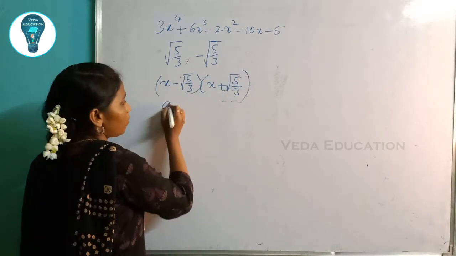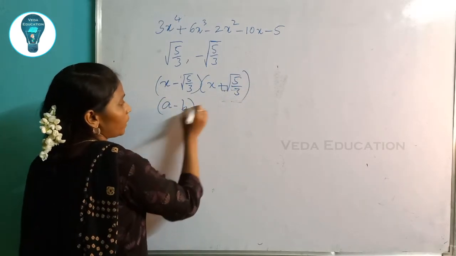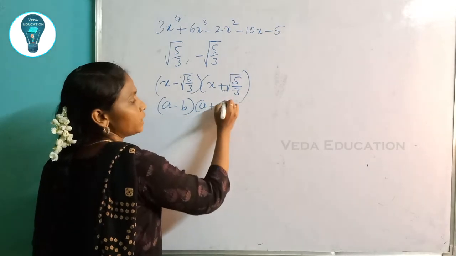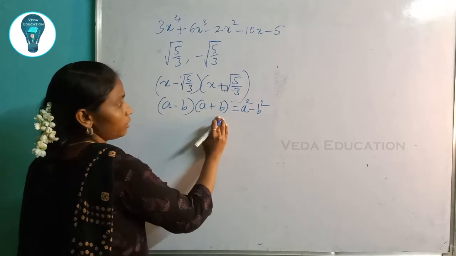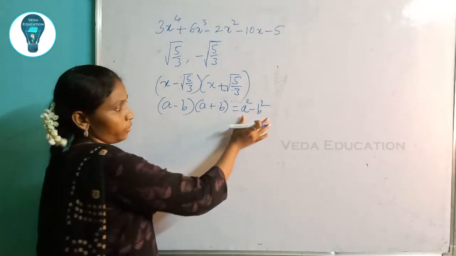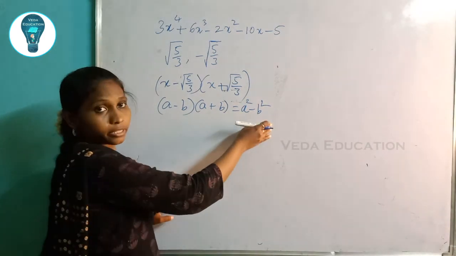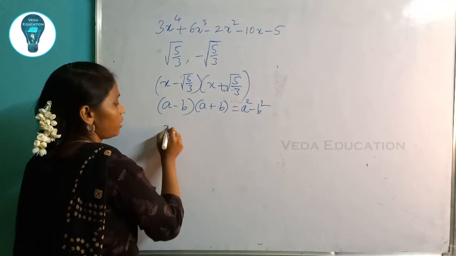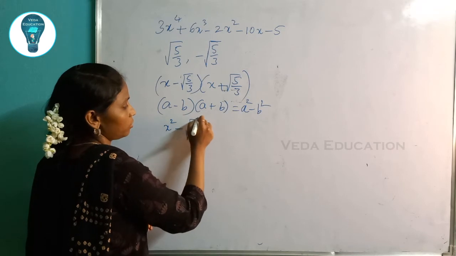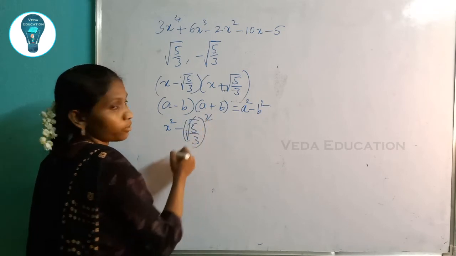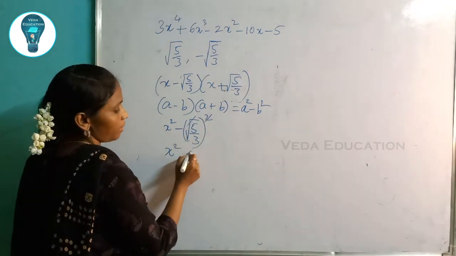Again it is in the form of the (a minus b)(a plus b) identity. So you will get a square minus b square. They gave the left side form and we write the right side form, a square minus b square. Now a square is x square and b square is under root 5 by 3 whole square. Square and under root cancel, and here you will get x square minus 5 by 3.